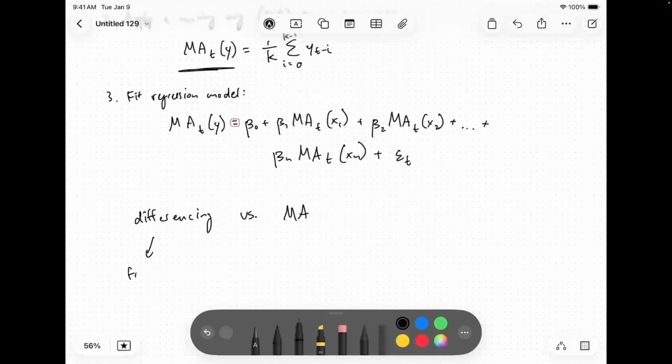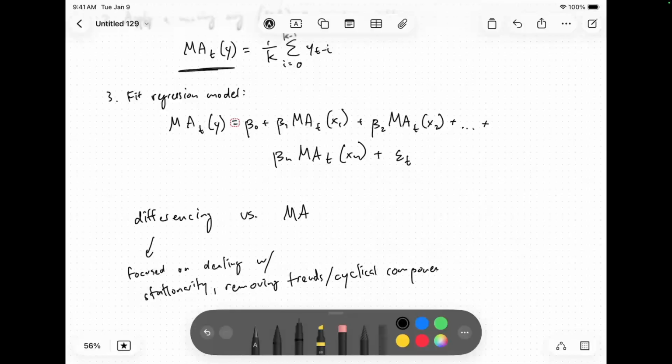Differencing is focused on dealing with stationarity, removing trends and cyclical components, whereas moving average is focused on smoothing to reveal underlying trends.